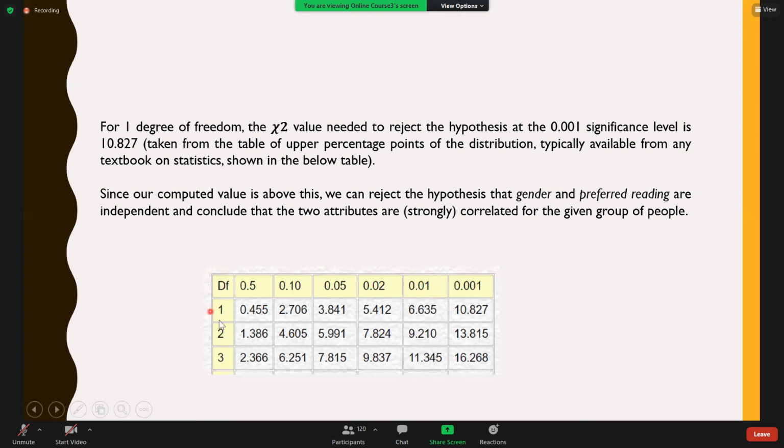For 1 degree of freedom, we need to check our chi-square value, to decide whether to accept or reject the hypothesis. We also need to consider the significance level. We have different significance levels in this predefined table: 0.5, 0.1, 0.05, 0.02, 0.01, 0.001.